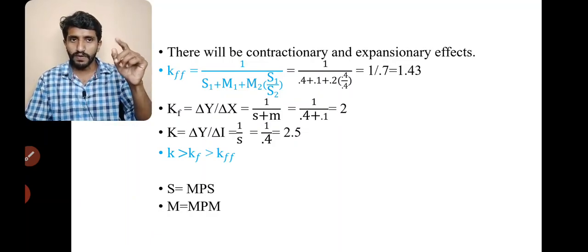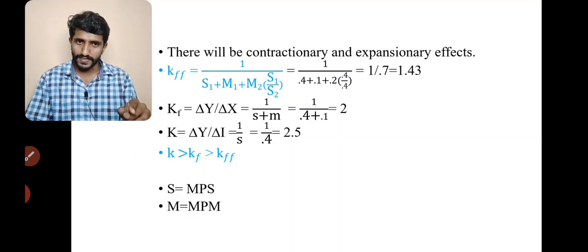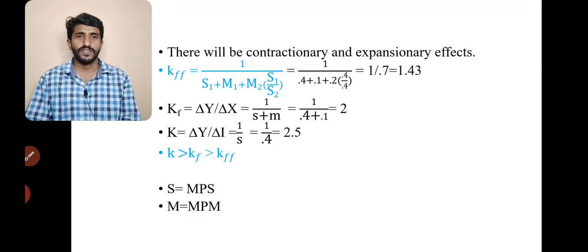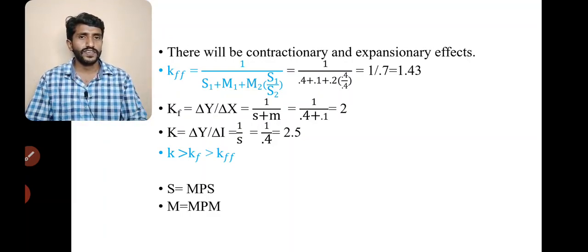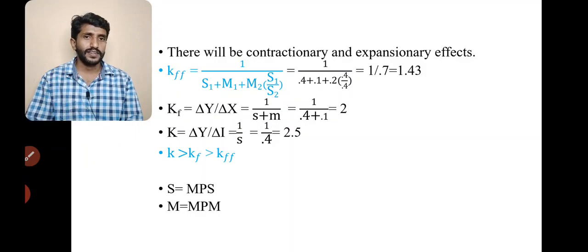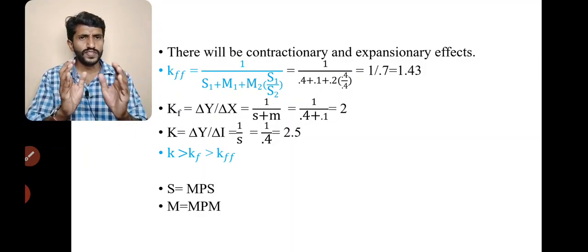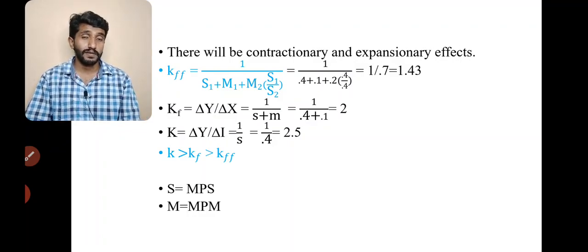So the equation will be 1 divided by S1 plus M1 plus M2 into S1 divided by S2. The detailed proof and derivation of this equation can be seen in Ranan Verma, if you are interested. So this is the equation of the foreign trade multiplier with repercussions.